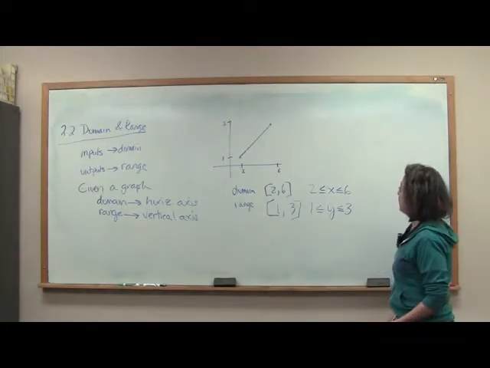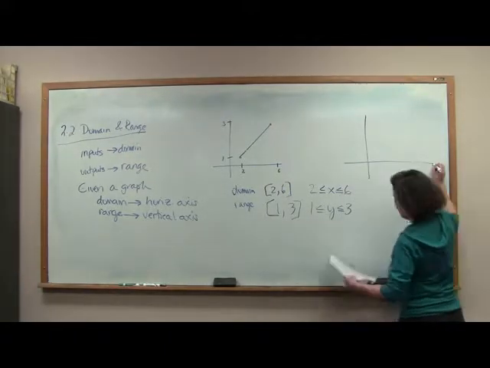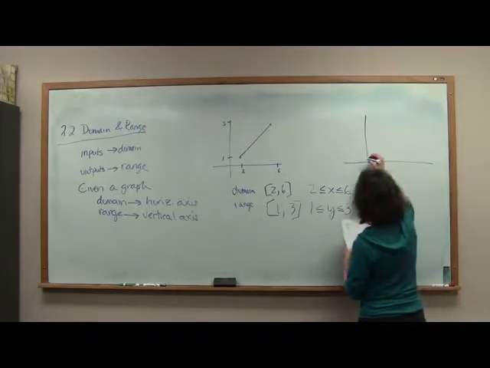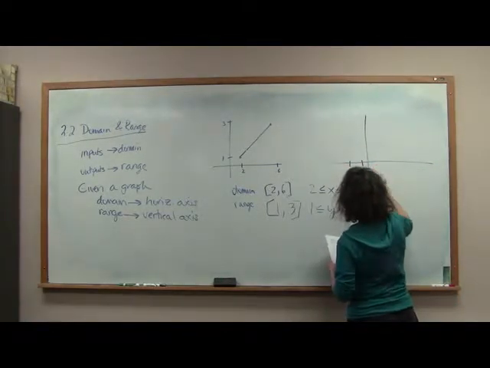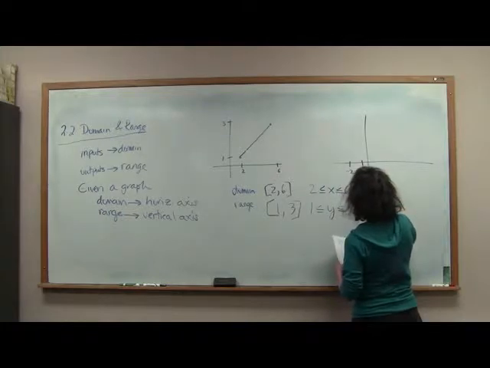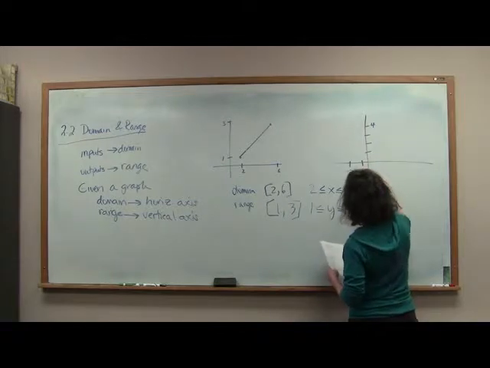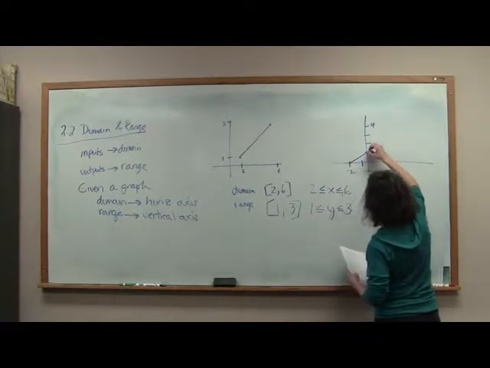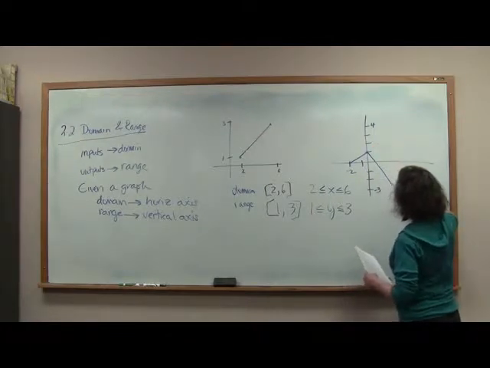Now on the other hand, what if our graph looked like this? I'm not going to make it too complicated, but let's go here to here. I'll label everything in a moment.